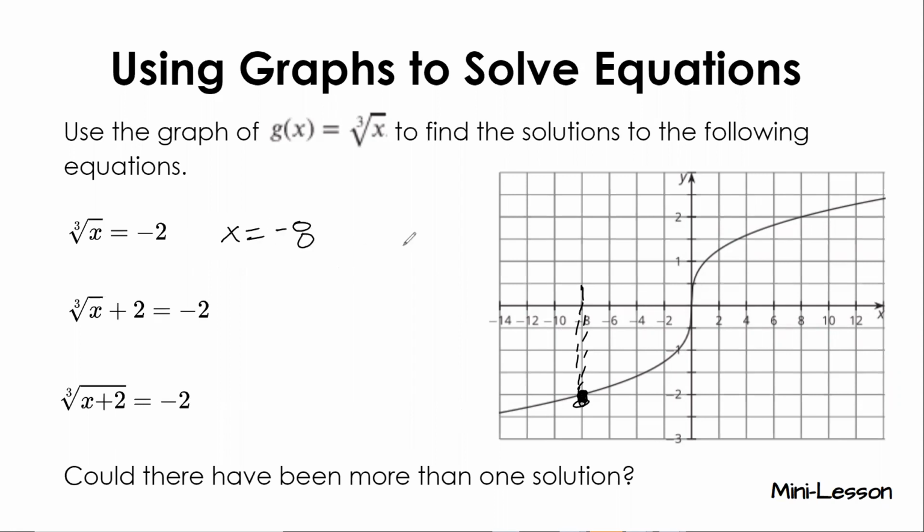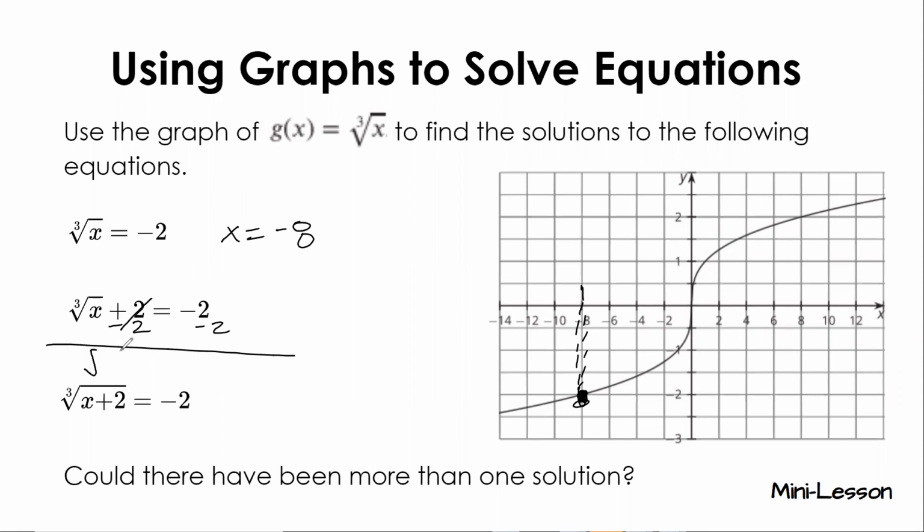Okay, so thinking about that, if we took the cubic root of negative 8, we would get negative 2. We've got the cubic root is equal to negative 2, but then we also have this plus 2 right here, right? So what we're going to do is move that 2 to the other side by subtracting.